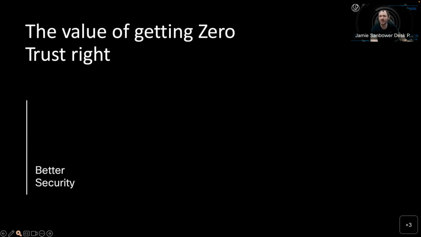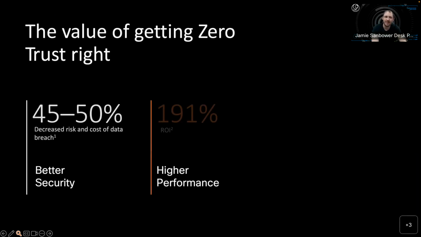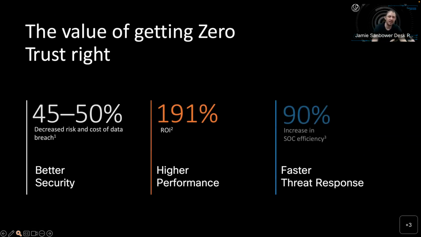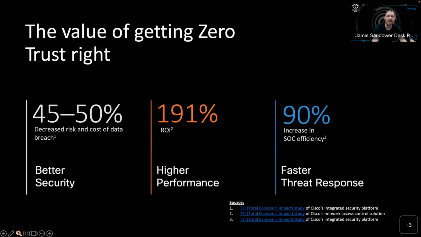One of the biggest things I wanted to leave you with is the value. We talked a lot about designing and implementing Cisco Zero Trust Architecture. One of the things Cisco did was look at the value and the return on investment.